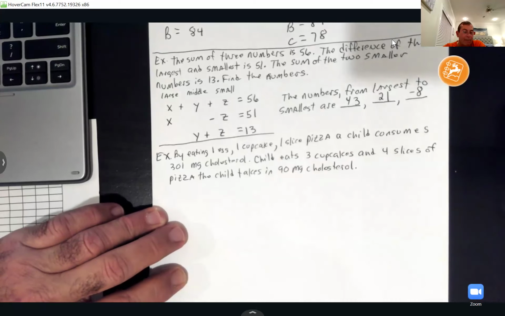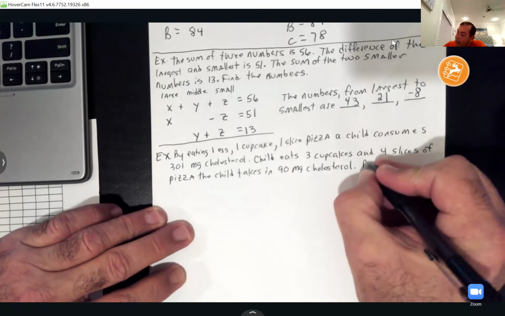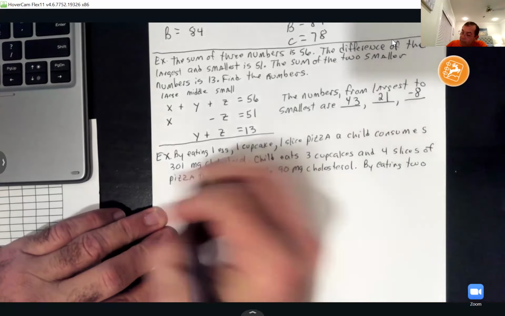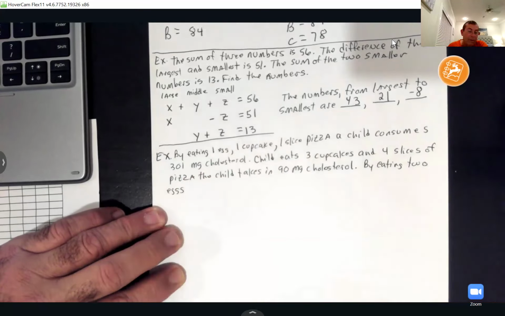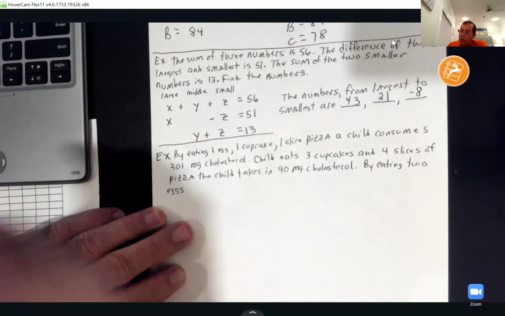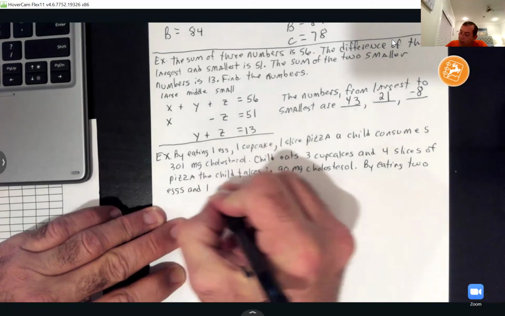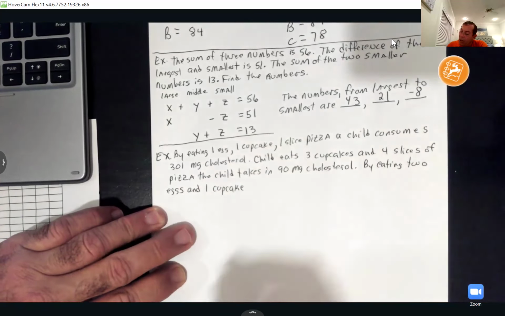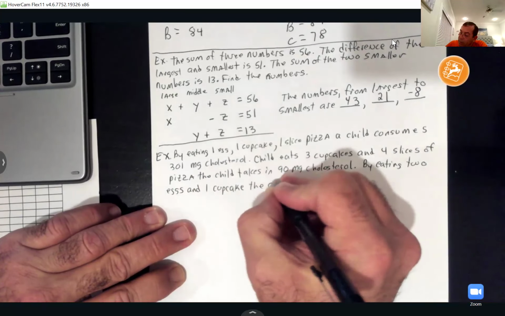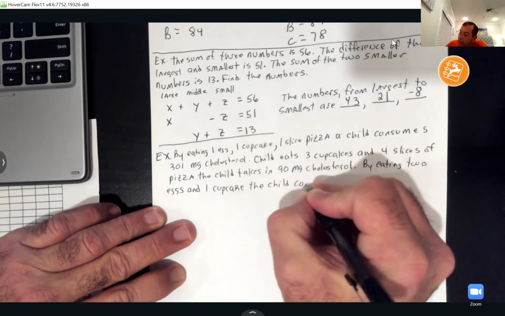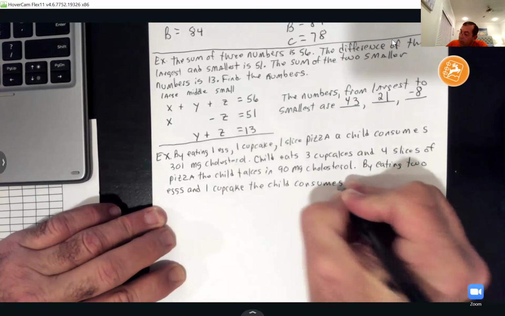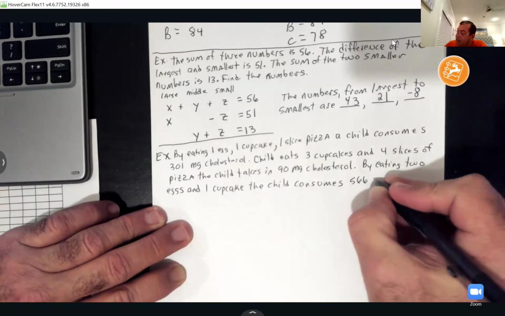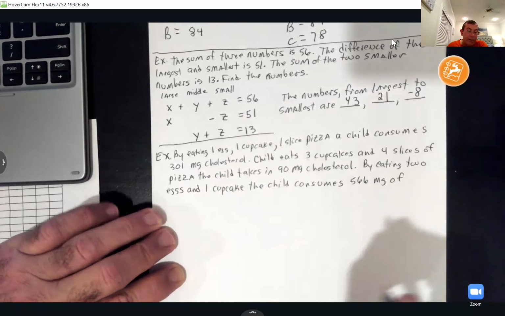And then finally, by eating 2 eggs and 1 cupcake, the child consumes 566 milligrams of cholesterol.